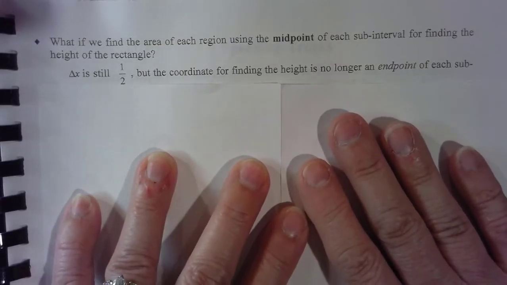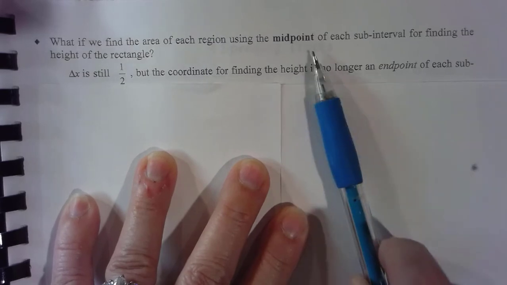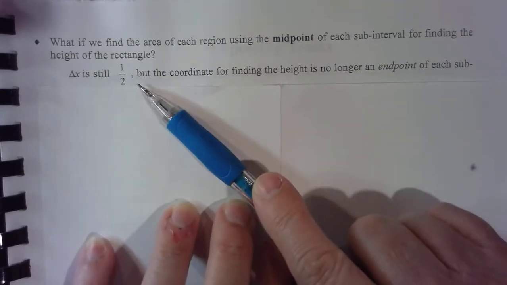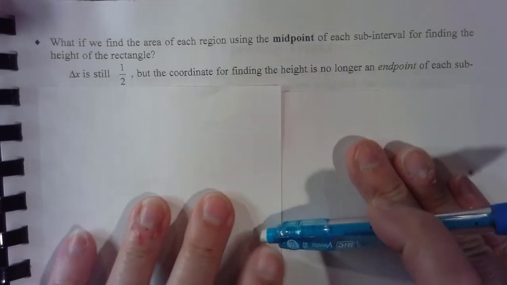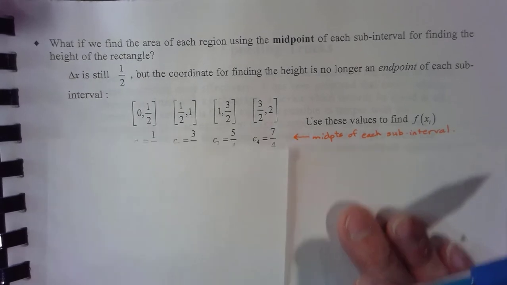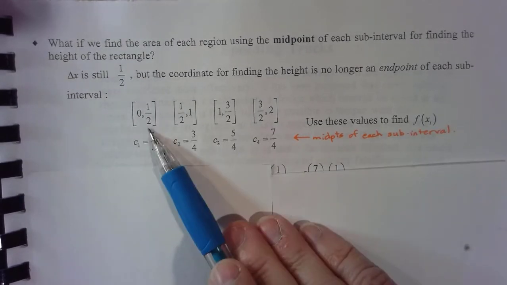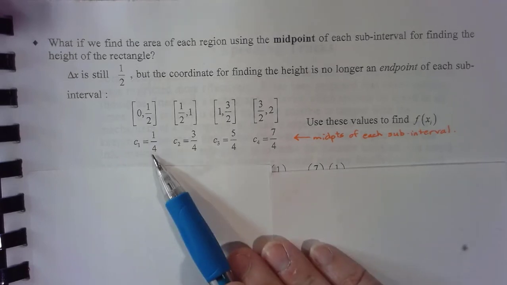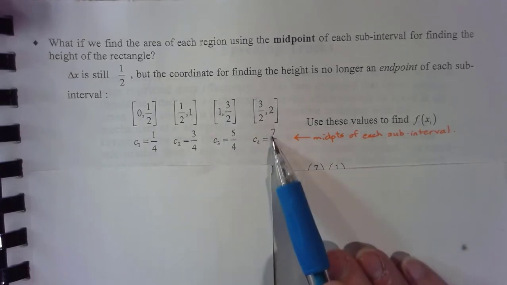What if we found the midpoint of each subinterval? If we use that, my delta x is still 1/2, but now my coordinate for the height is no longer an endpoint, but it is going to be the midpoint of each of these subintervals. So the midpoints are 1/4, 3/4, 5/4, 7/4.